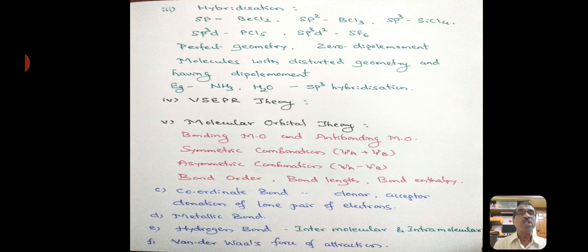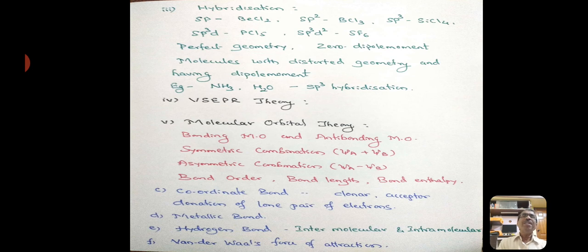You have studied that lone pair-lone pair repulsion is greater than lone pair-bond pair repulsion, which is further greater than bond pair-bond pair repulsion. Based on this theory, the structures of the above molecules can be explained.